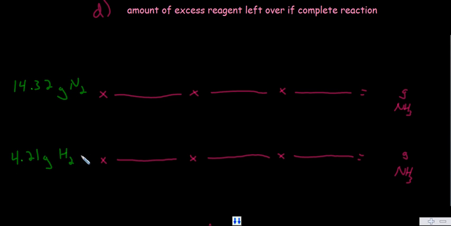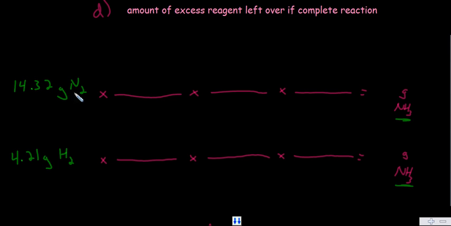Now, there are a couple ways to determine the limiting reagent, but I think the easiest way is just to convert both of these reactants into the grams of product. By doing this, you'll find which gives the smaller amount of product, and therefore that gives you your theoretical yield and tells you what was your limiting reagent.